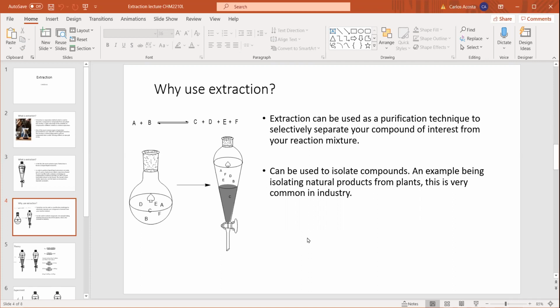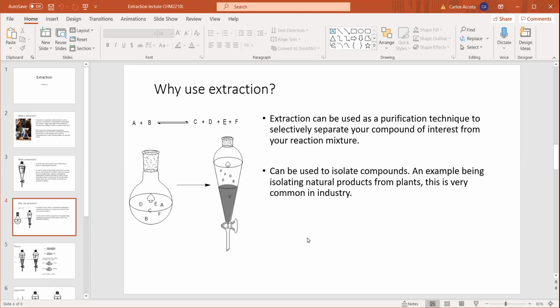And the key thing is we want our compound of interest, so compound C, to be very soluble in this second solvent, but we don't want any of the impurities to be soluble in the solvent. So we add it, we shake it up, and our compound of interest, compound C, will dissolve from the white solvent into the gray one. And then we could pour off the gray one and isolate it. And when we evaporate the solvent, we will have pure compound C.